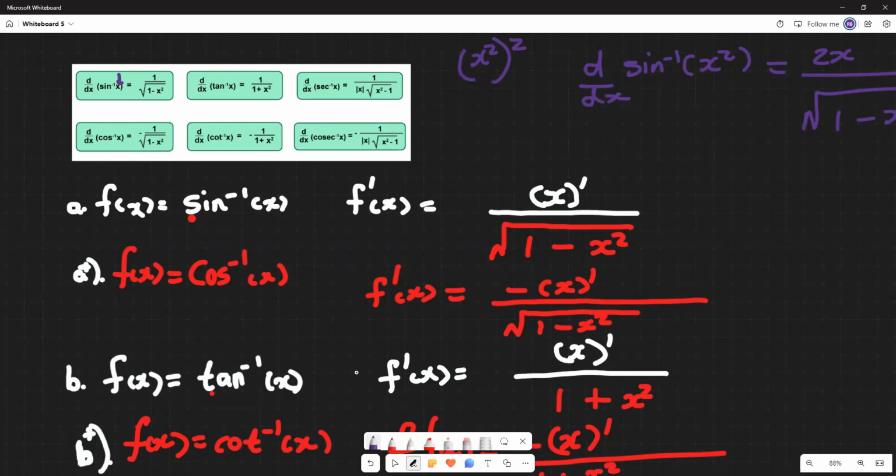But you can see that this is exactly the same as that. Let's check cos. Cos is basically the same as this one, but there's a negative. Tan is exactly the same as cot, but there's a negative. Sec is the same as cosec, but there's a negative. And that's it.